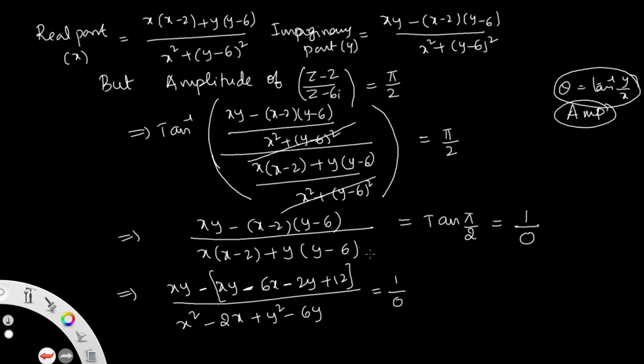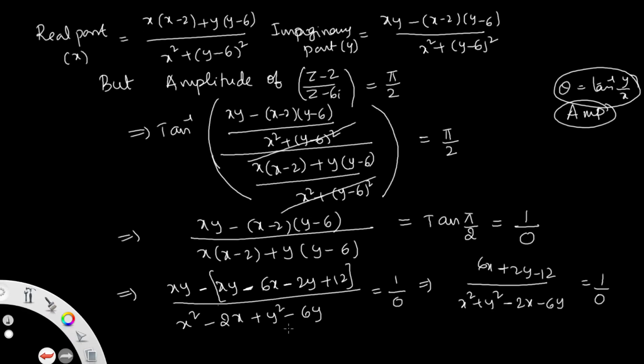That becomes xy cancels, 6x plus 2y minus 12 divided by x square plus y square minus 2x minus 6y, equal to 1 by 0. Here we can directly set the denominator to 0.